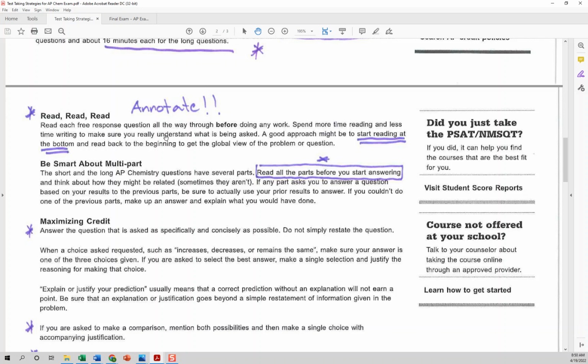You might be on page 4 of the actual test answering question 1, letter G, and you need to reference something from part A, which is on page 1 of the test. And so make sure you annotate, okay?